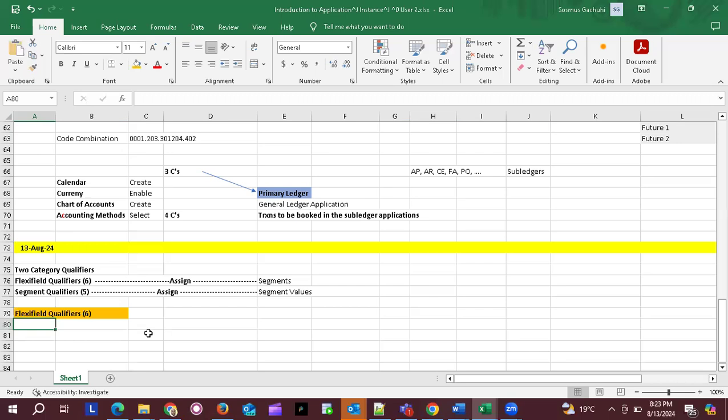So the first one is balancing segment Flexfield qualifier. The second one is cost center.